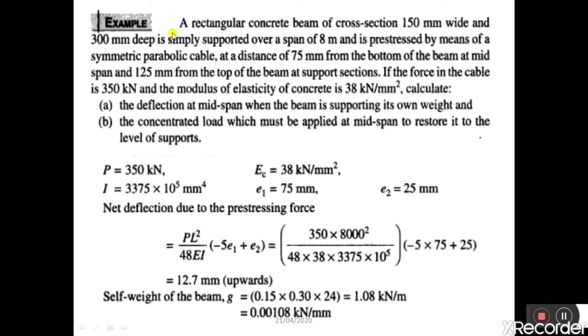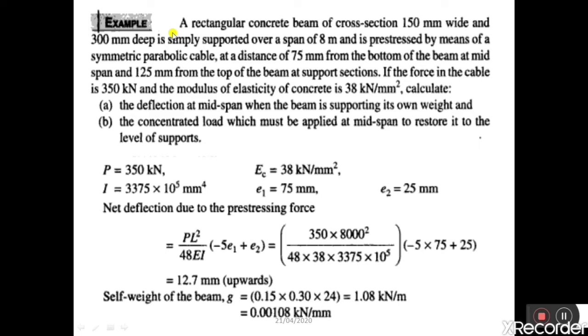A rectangular concrete beam of cross-section 150 mm wide and 300 mm deep is simply supported over a span of 8 meters and is prestressed by means of a symmetric parabolic cable at a distance of 70 mm from the bottom of the beam at midspan and 125 mm from the top of the beam at support section.